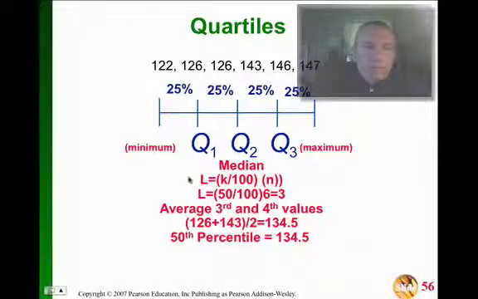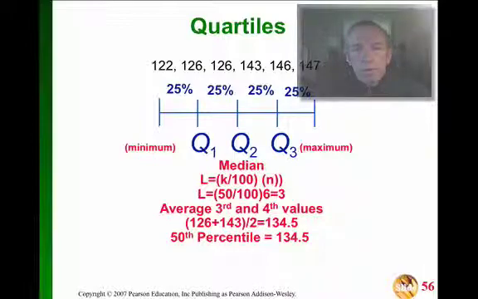For the median, we're going to pretend we don't know exactly where to put it on these 6 data points. So we've arranged them in ascending order, and the location is going to be k over 100 times n, the sample size. K is our identifier for which percentile we want to work with.